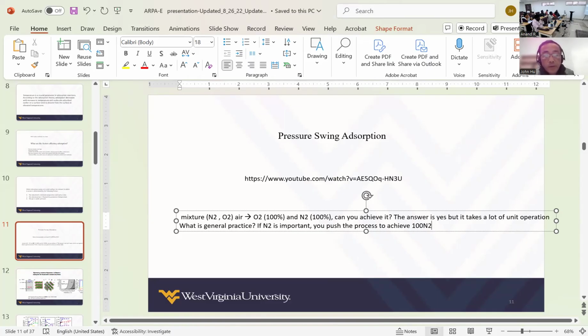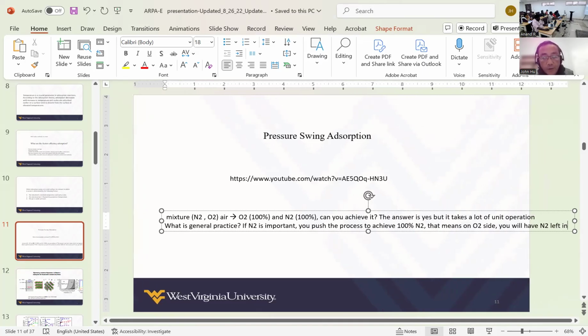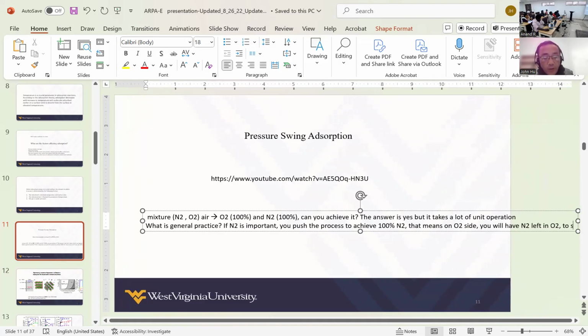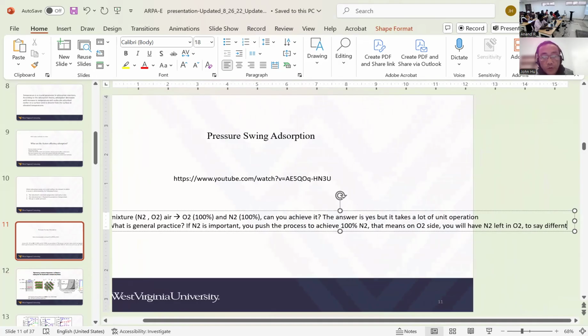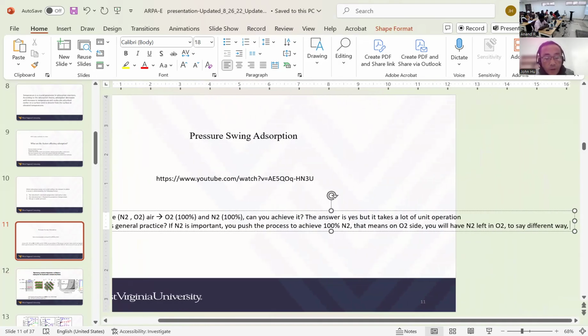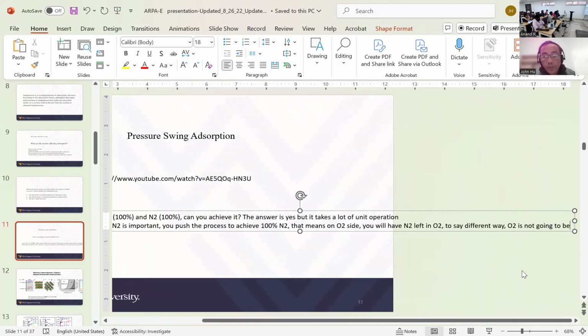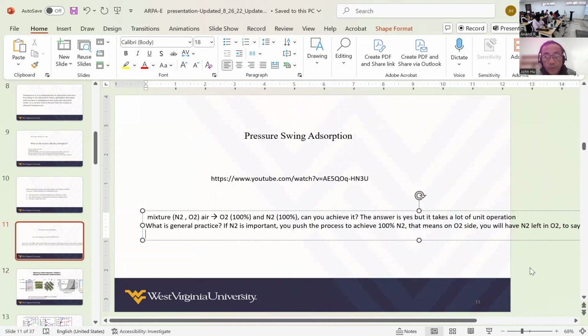That means on the O2 side, you will have N2 left in the O2. Make sense? To say it a different way, the O2 is not going to be pure.